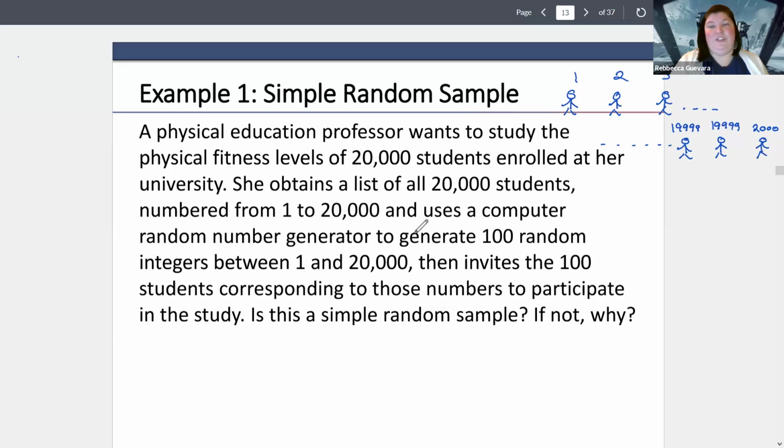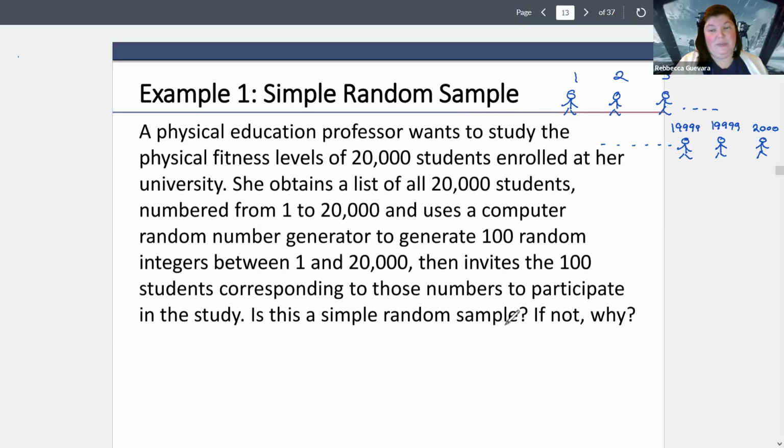So we would label each student, and a random number generator will randomly generate numbers. It's like rolling a dice. If we had a 20,000 sided dice and we kept rolling it, that would give us random numbers. So we keep on rolling, getting different numbers, which is essentially what a random number generator does. And we're going to generate 100 random integers.